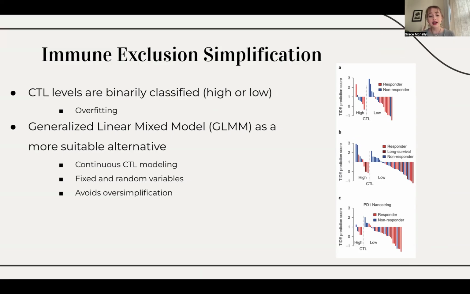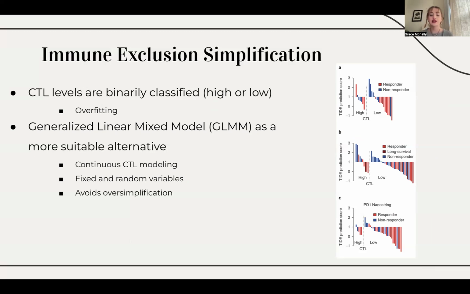Rather than using a binary model, I propose the authors use a generalized linear mixed model, which may be a more suitable framework that would treat CTL levels as a continuous variable. This would account for fixed variables like tumor type or gene expression, as well as random effects like cohort differences and patient-specific variables.